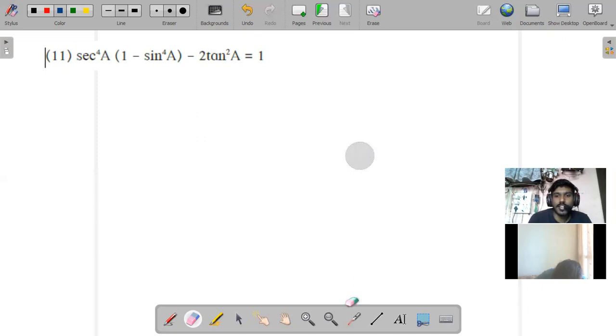Or else, if you're not getting it that way, you can try multiplying the sec raised to 4a inside the bracket first. Can you show me how you have started?